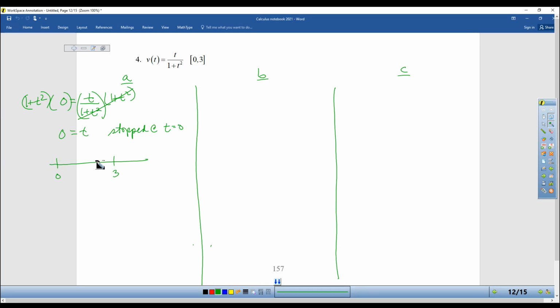I can pick any number, so I'm just going to pick 2. If I put a 2 in, I get 2 over 5, which is positive. So it is always moving to the right. Always moving to the right.